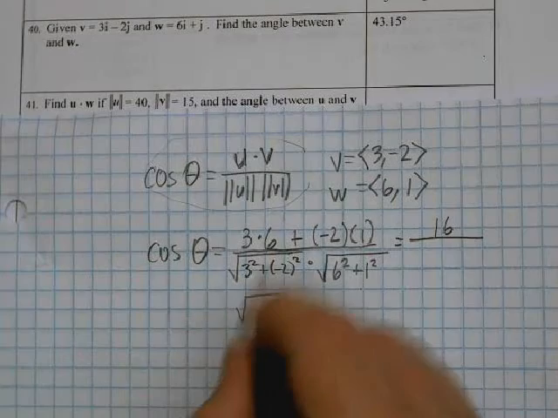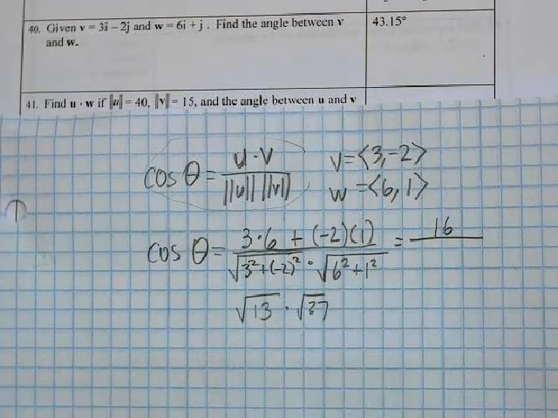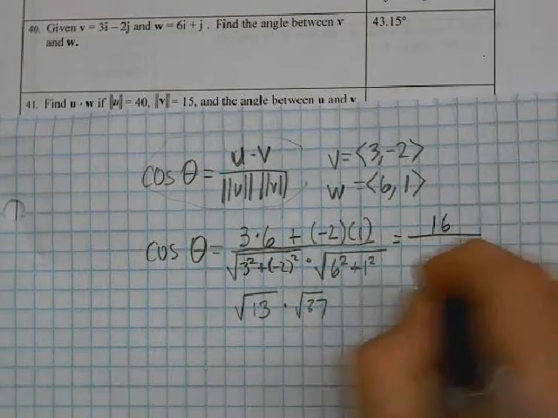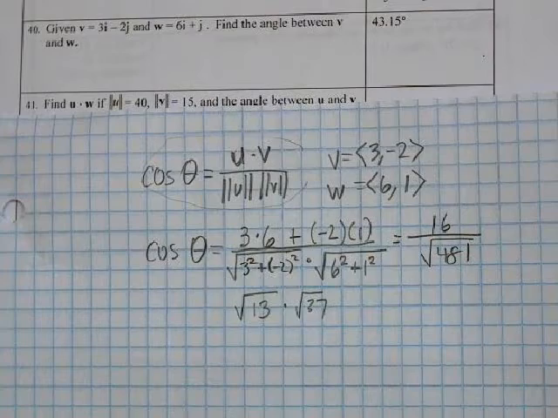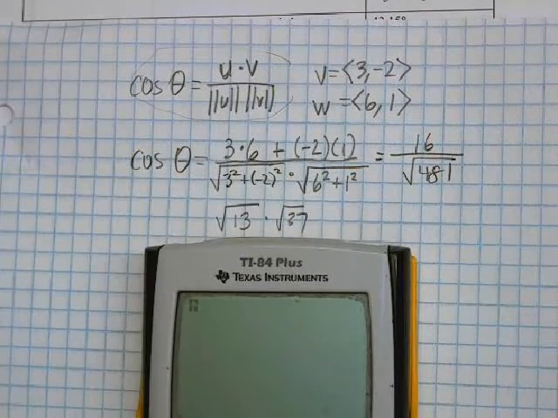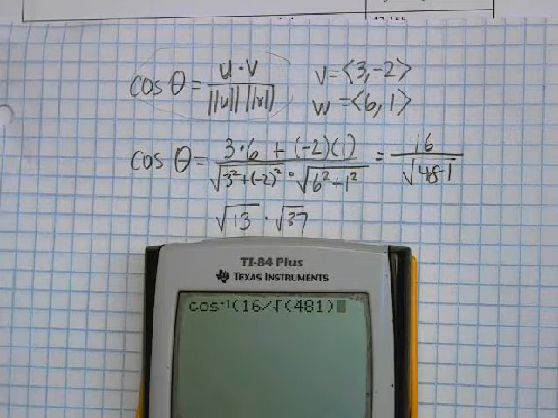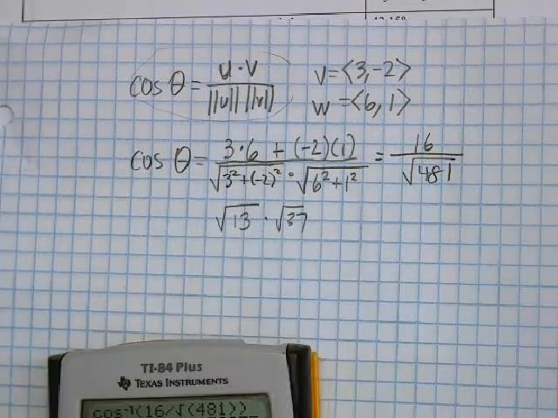Here we get 9 radical 13, radical 37, radical 481. So to find the angle, we just take the arc cosine of 16 over the square root of 481. We get about 43.15 degrees.